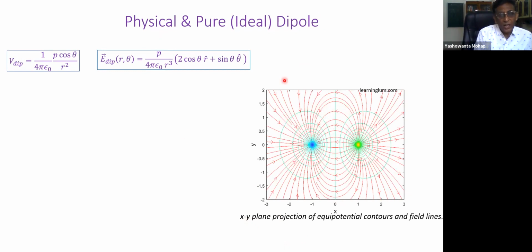In fact, I had asked you to plot them in the first tutorial itself. Most of the tutors told me that you were having trouble plotting them, but a lot of physical ideas can come from having this picture in mind of how the lines of force behave, even if it is a projection in some plane.